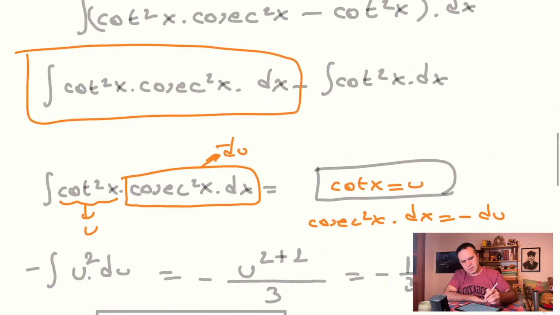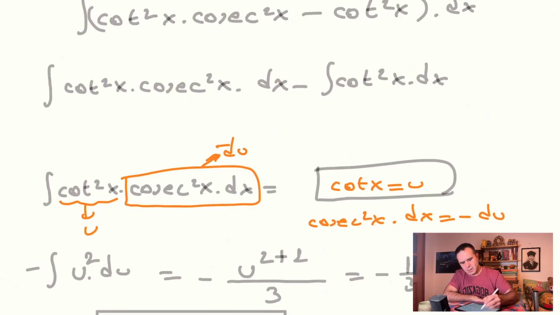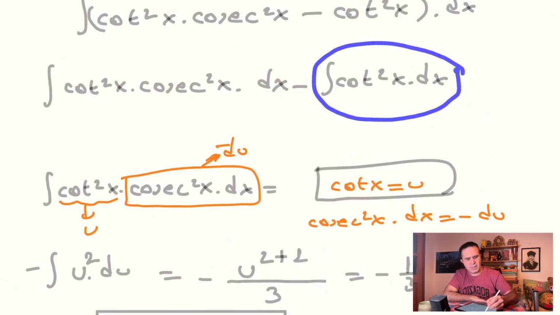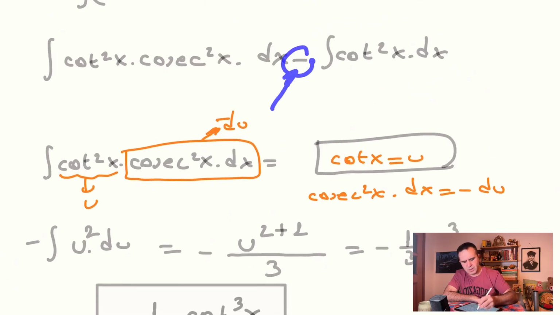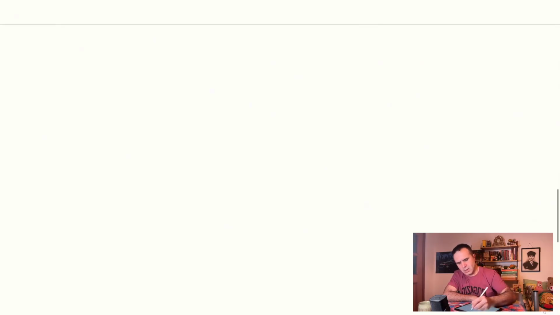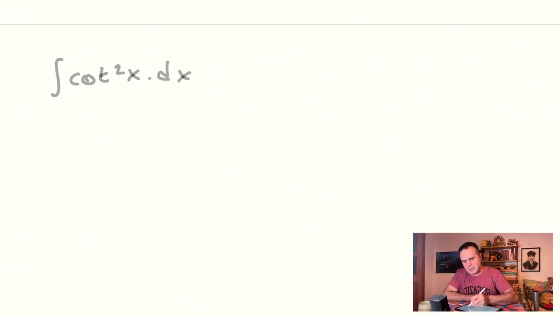And let's come to the other part. I will take cotangent square of x dx and leave behind this. Integral of cotangent square of x dx. Since the power here is 2, I cannot solve this integral directly.